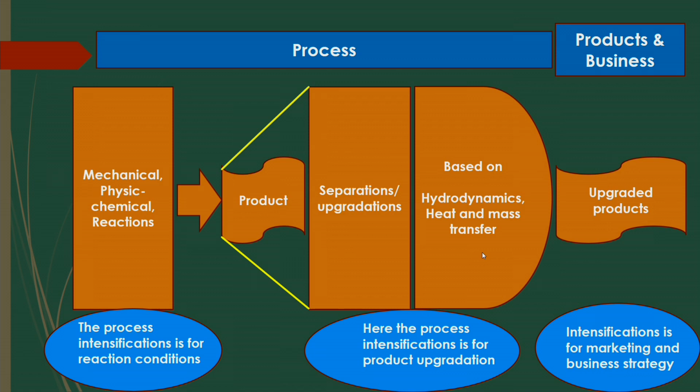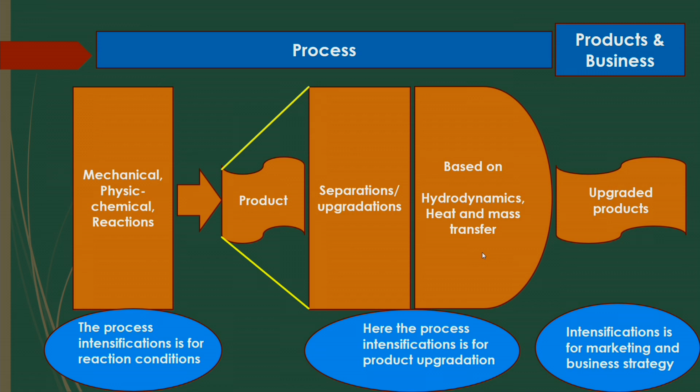Some mechanical processes may not actually be integrated with the reactions. Some processes are totally mechanical; for example, you want to reduce the size of catalyst particles to get more surface area, so that the reactions will be intensified.